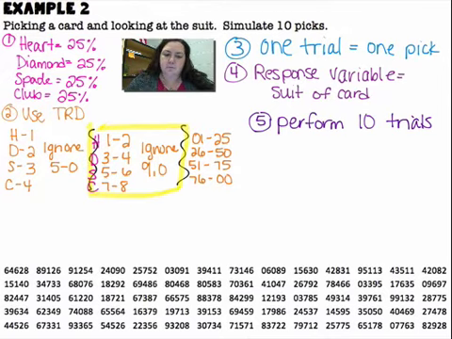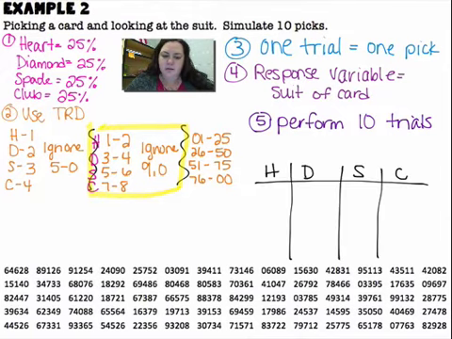Alright, so I'm going to look at this middle one. I'm going to ignore all numbers 9 and 0, so I'm going to get rid of all the 9s and 0s. The first one is a 6, which is a spade. The second number is a 4, which is a diamond. The third is a 6, which is a spade. Next one's a heart.